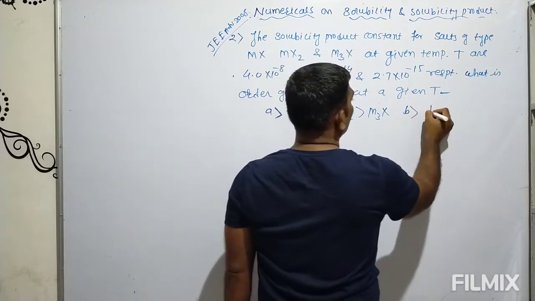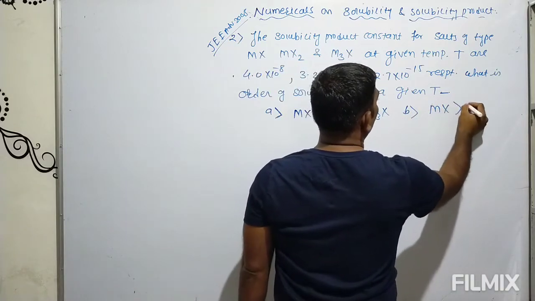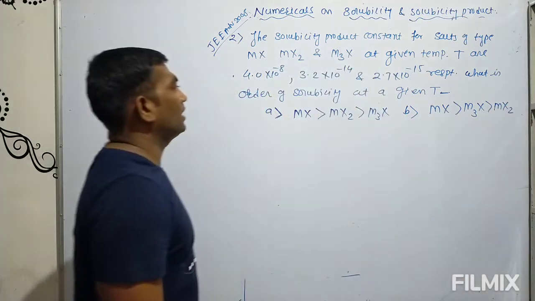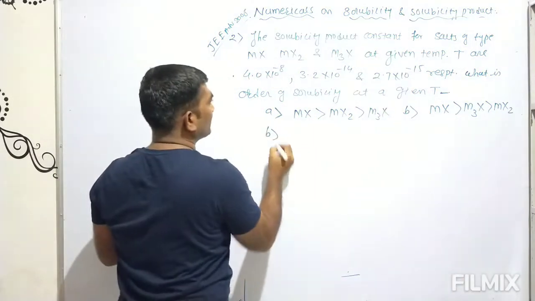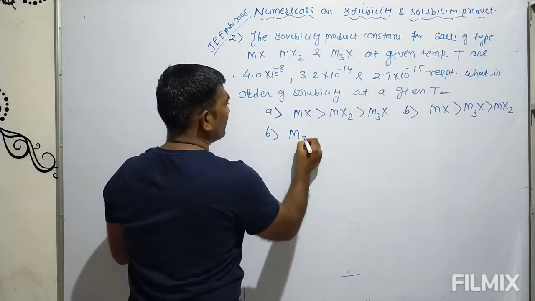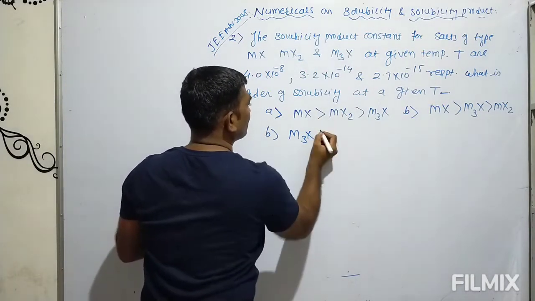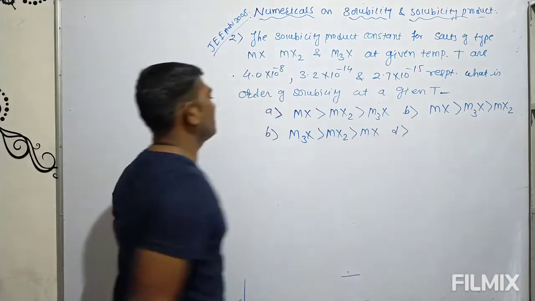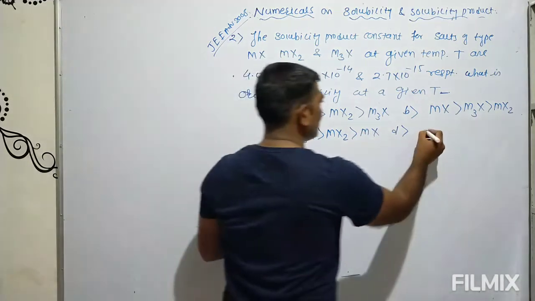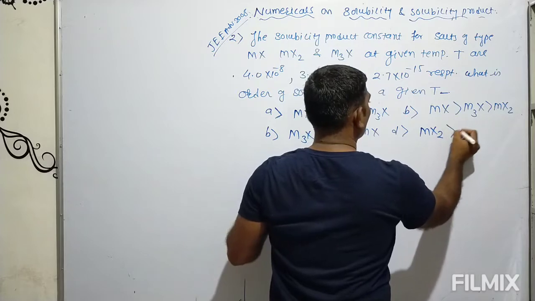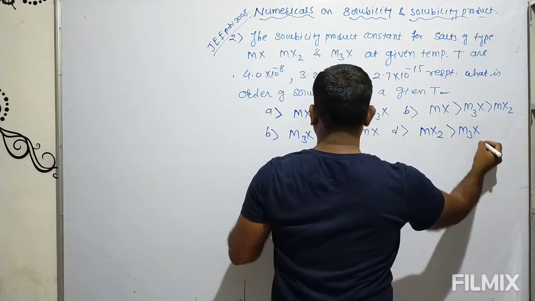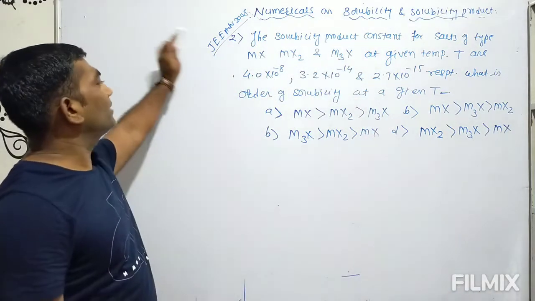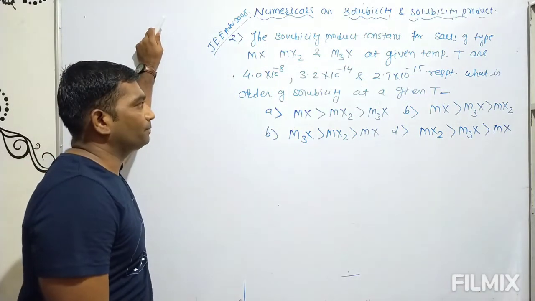Option B: MX greater than M3X greater than MX2. Option C: M3X greater than MX2 greater than MX. And option D: MX2 greater than M3X greater than MX.